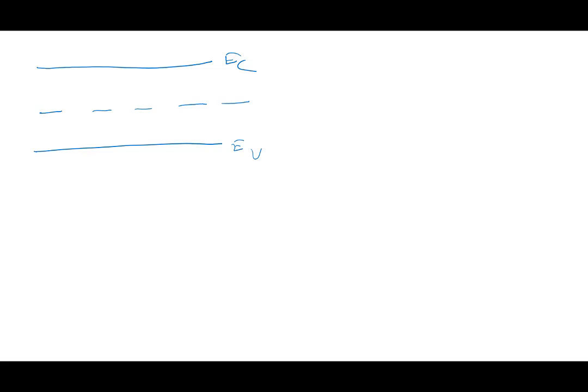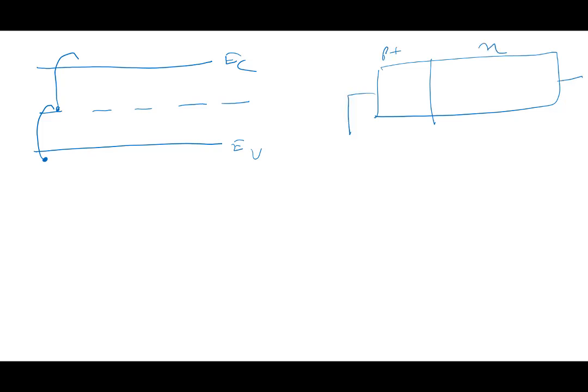That's how generation occurs: an electron from here goes to this level, and then once it comes here, it goes up. So imagine I take my semiconductor and look at this region. What we are trying to answer, without going into the equations, is why generation outside the depletion region is so much smaller than inside the depletion region.